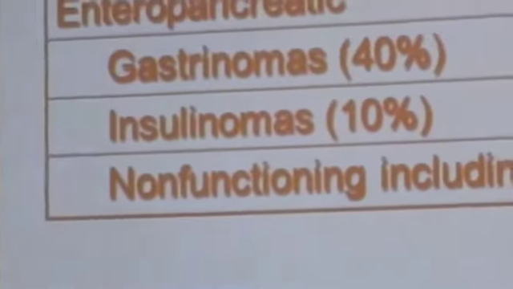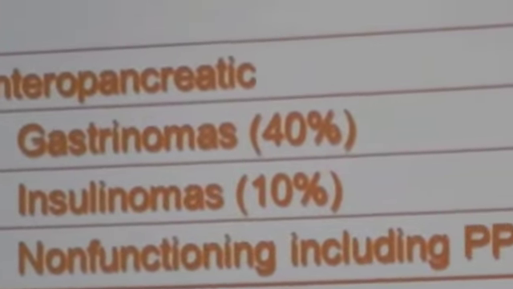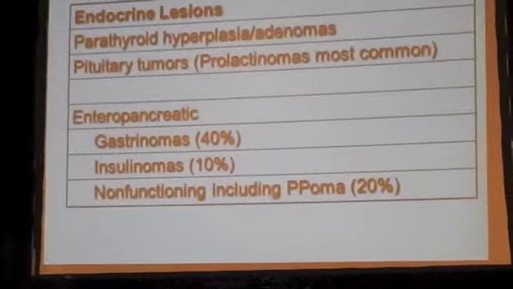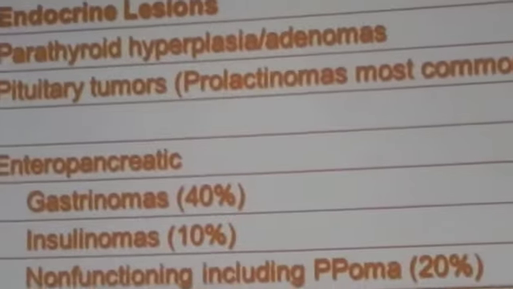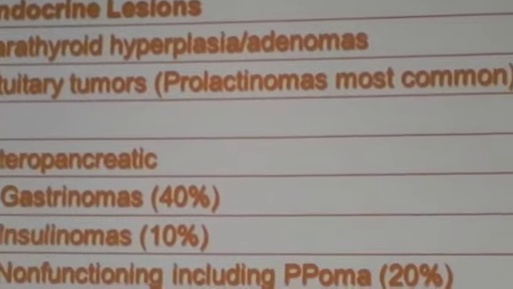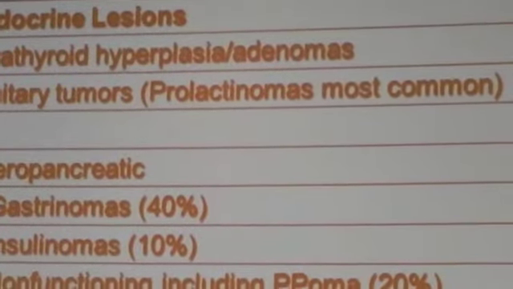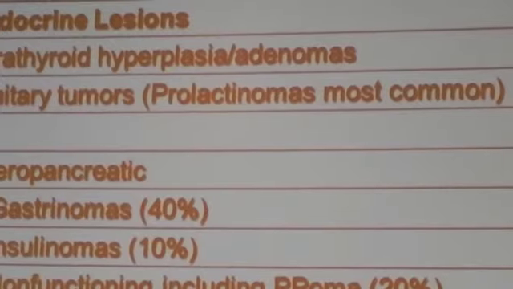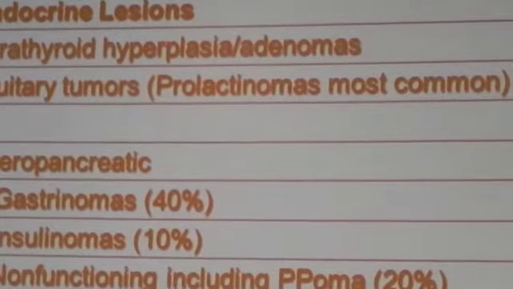In MEN1, we have lesions that are really fairly common, such as parathyroid lesions, hyperplasias, and adenomas that one sees commonly here. One sees lesions in the anterior pituitary, and historically prolactinomas were the most common.